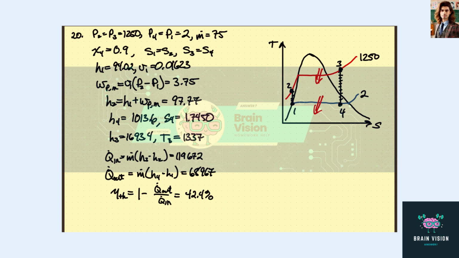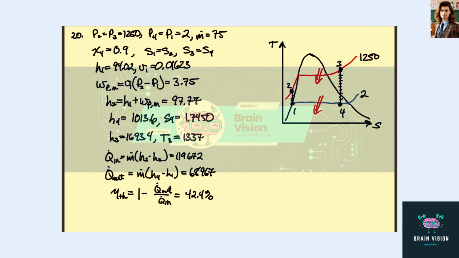Then at state 4 here, if we set the quality to 90%, and we know the pressure, we can figure out the enthalpy and the entropy there. Since this is isentropic, S3 equals S4. So now we have S3 and we have P3, and we can figure out the temperature and the enthalpy at state 3, coming into the turbine.